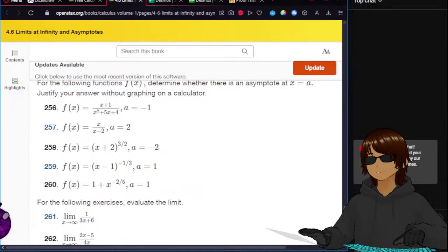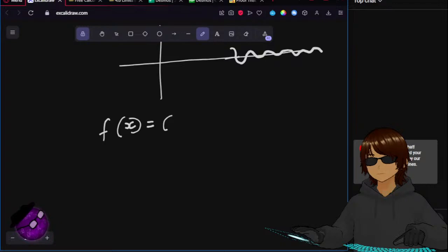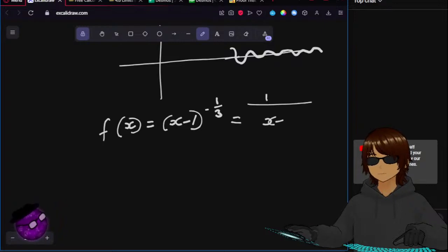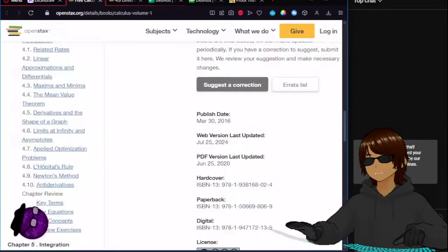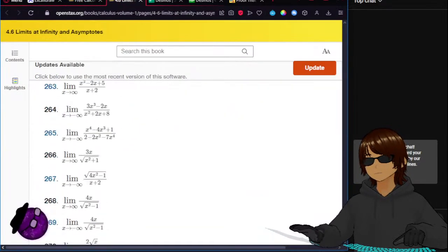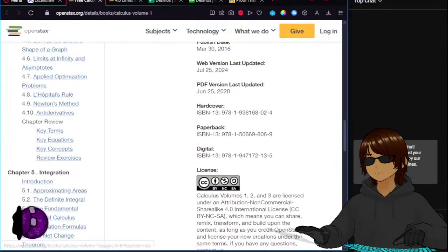F of x is x minus 1 to the power of, you can write it like this, right? So yes, there is an asymptote. Okay, let's do the next one.